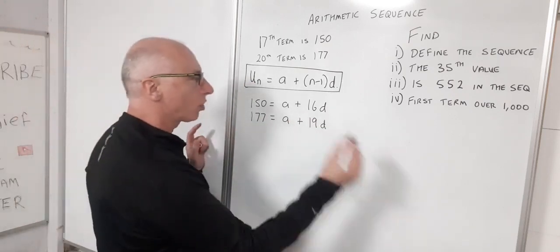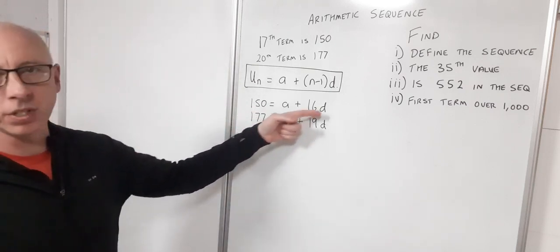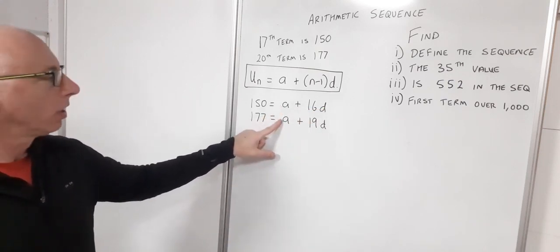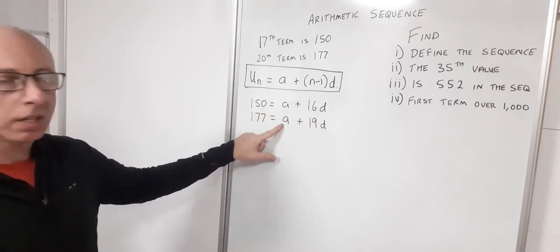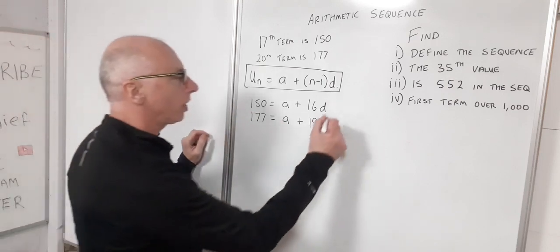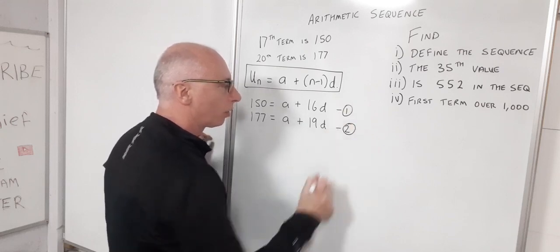Okay, so now we've got two equations. Now we can solve for either the A or the D from this. As the A's are both equal, if we subtract one from the other, we can get a solution and hopefully find the D. So I'll call this equation 1 and this equation 2.